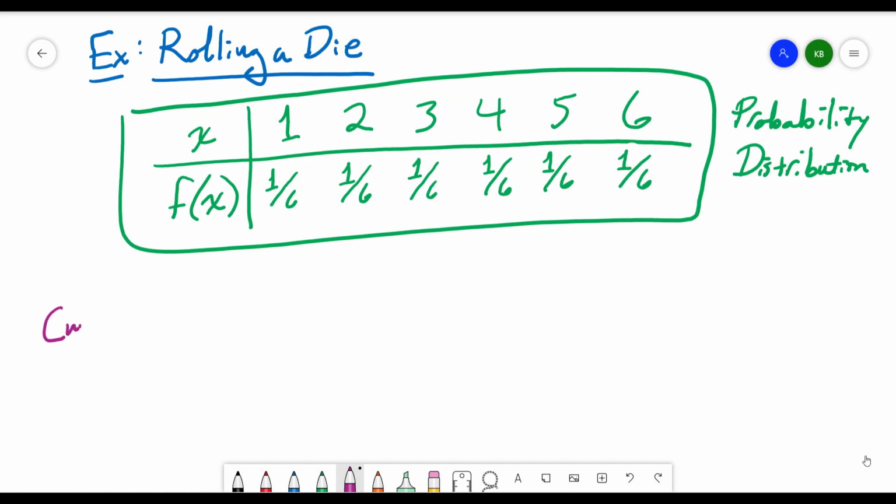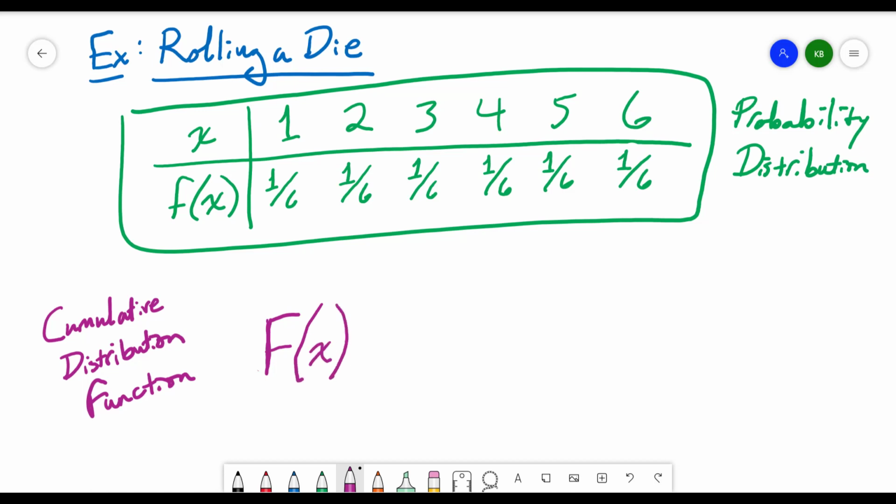Now, if I want my cumulative distribution function, when I'm looking at the cumulative distribution function for discrete random variables, I end up with a piecewise function that's actually going to have one more piece than I have possible values for my random variable.